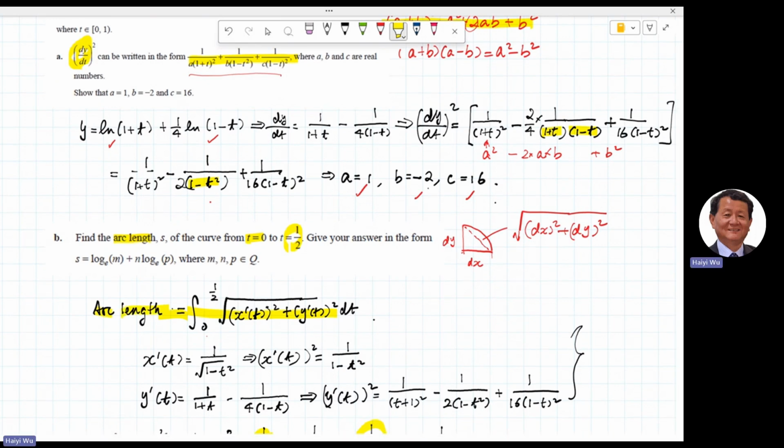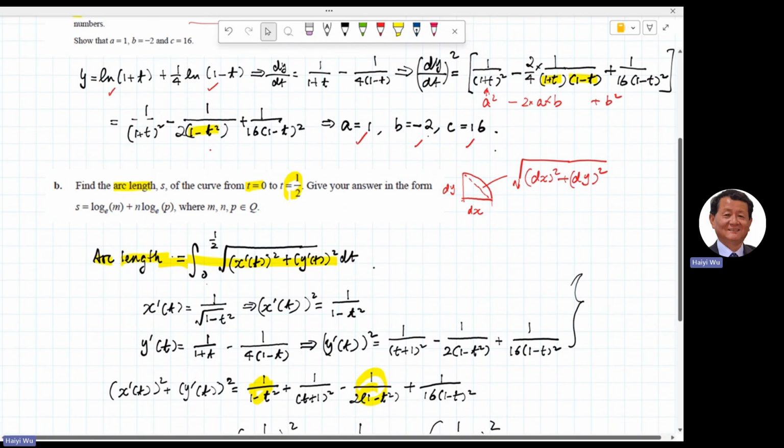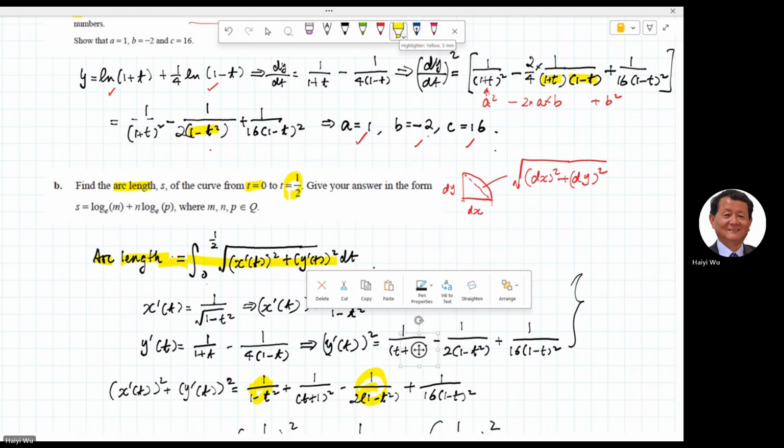All right, so let's do it separately. Because it's a very big formula, I'm going to do the derivative of x with respect to t first. We've got 1 over the square root of 1 divided by t squared. If I square it, it becomes no square root.